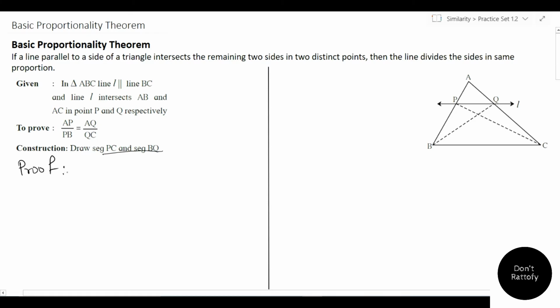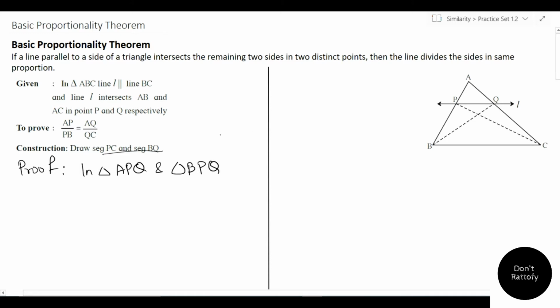In the proof, first, we have learned about the ratio of areas of triangles, and we are going to apply the same concept here. We have many triangles here, and from those we will take two triangles: triangle APQ and triangle BPQ.